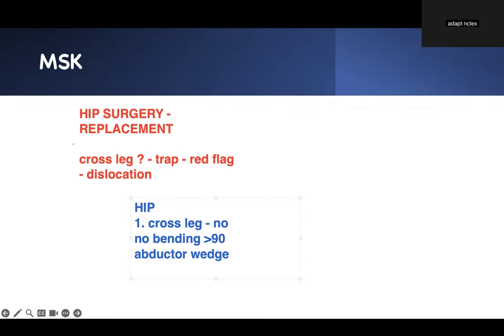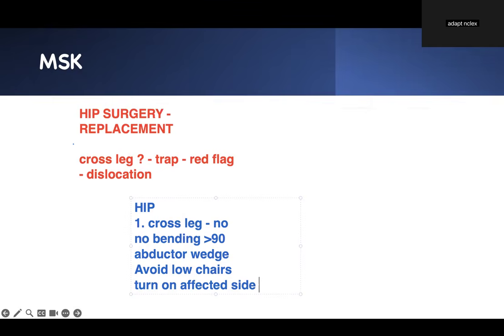You should give them elevated chairs and avoid low chairs. You should turn them on the unaffected side. These are key concepts I want you to know about hip precautions. These are a few of them, very, very important. Another thing is they're not going to go home without walking.